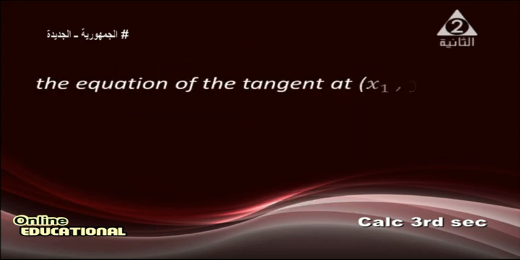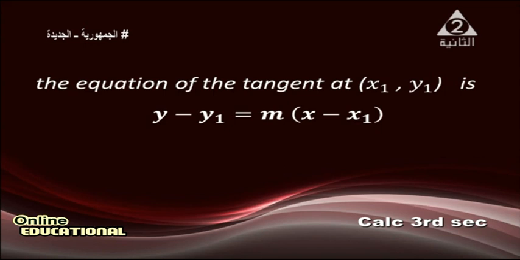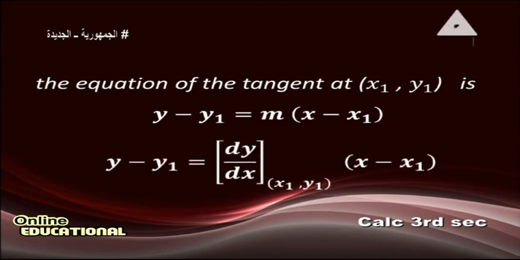Then the equation of the tangent at the point x1 and y1 is y minus y1 equals m times x minus x1, or y minus y1 equals dy/dx at the point x1 and y1 times x minus x1. We know that the slope of the tangent is the first derivative of the function at the point x1 and y1.